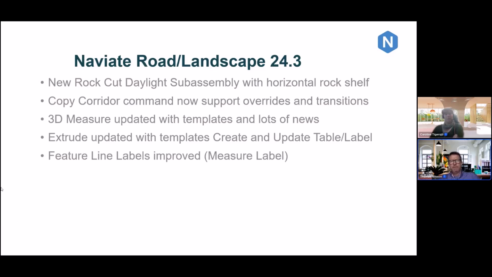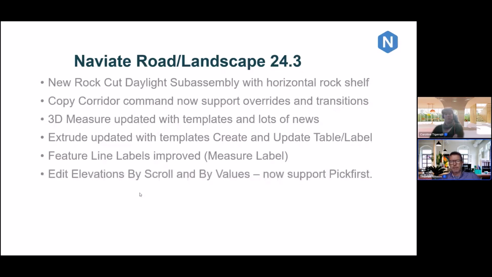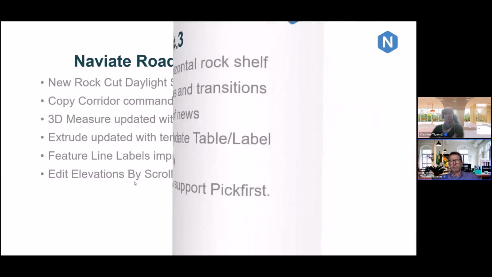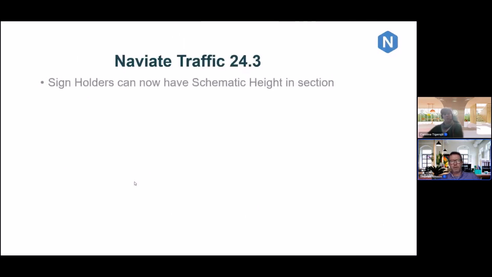We have improved feature line labeling and our edit elevations by scroll wheel and by values now support pick first. Caroline is going to talk about Naviate traffic.